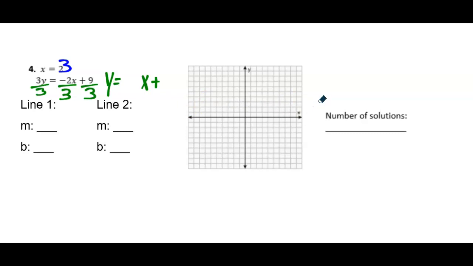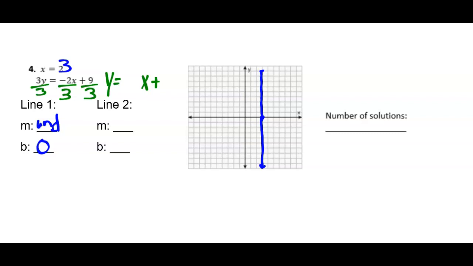I have no slope. It's undefined. So we're going to put UND for undefined. And my x is going to go through on 3. 1, 2, 3. So remember, x equals 3 is that vertical line. So now we've got that on there.